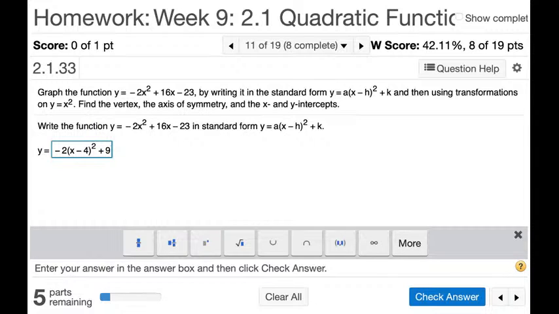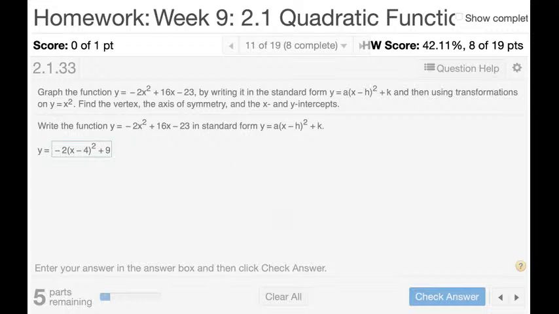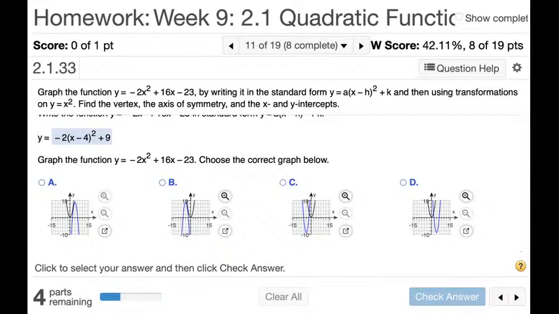Okay, that looks good. So from the standard form, it's a parabola where we go right 4 and up 9, and it opens downward. Right 4, up 9, opens downward. This is the only one that does those three things. Right 4, up 9, and opens downward is this one. I'm going to go with this one.